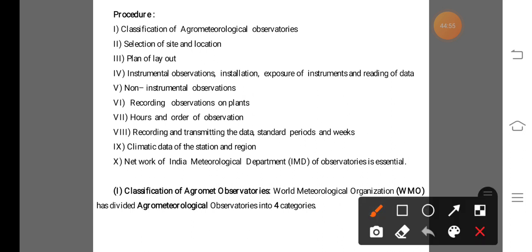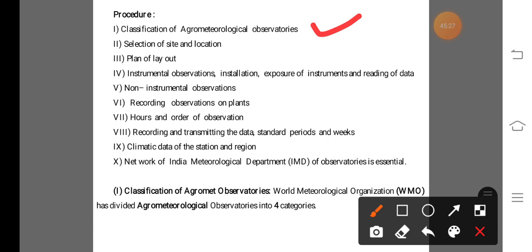Following procedures or knowledge about the following points is the basic knowledge about the agrometeorological observatory. These 10 points are necessary for installation of Agromet observatory. That means during installation, these points should be considered and checked.